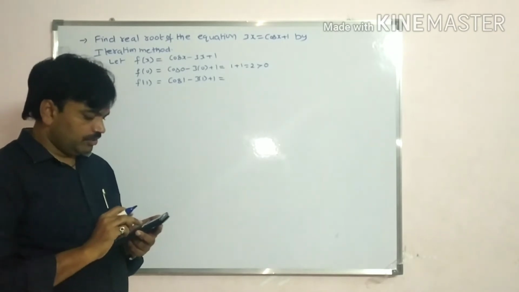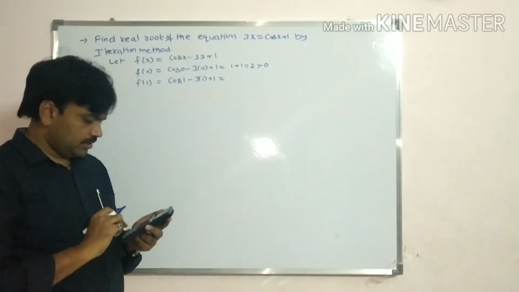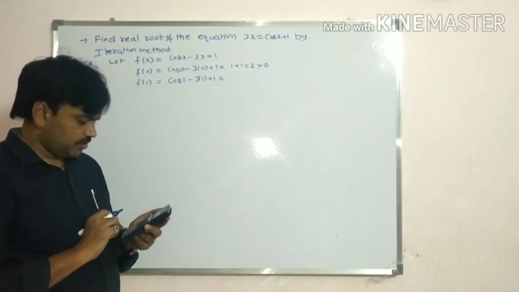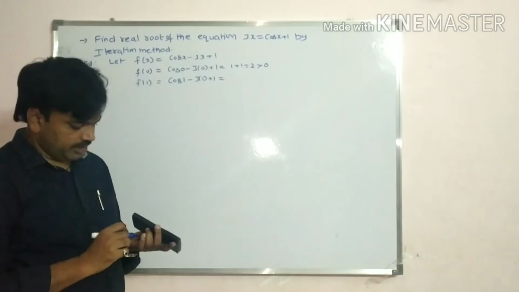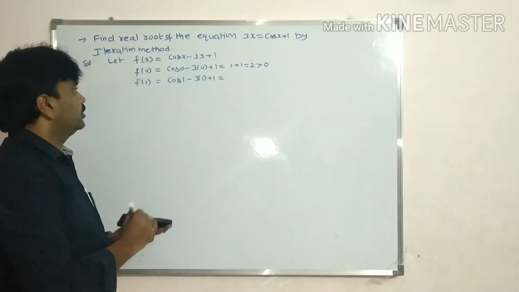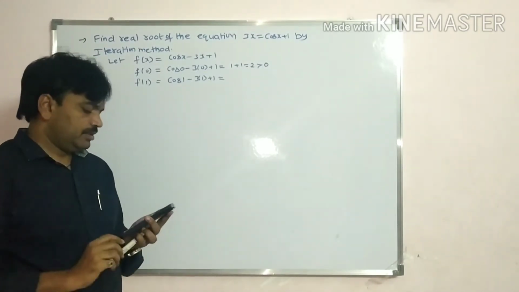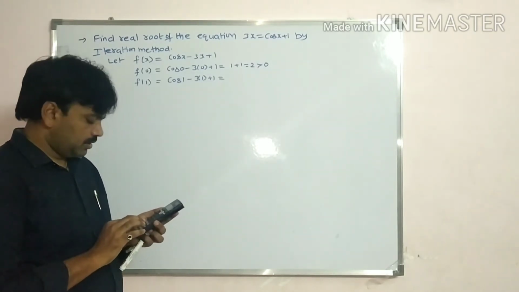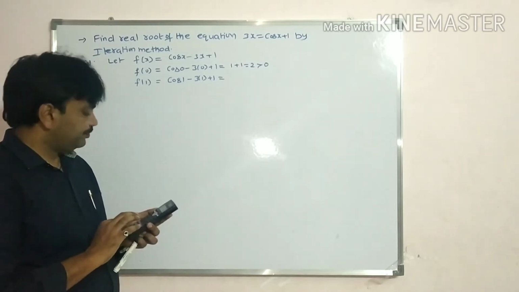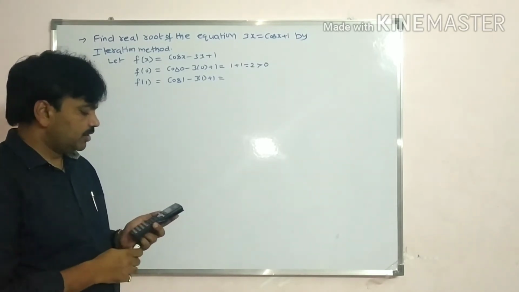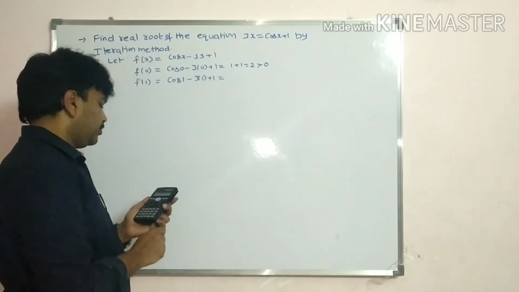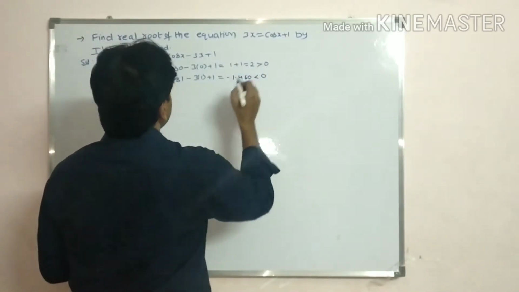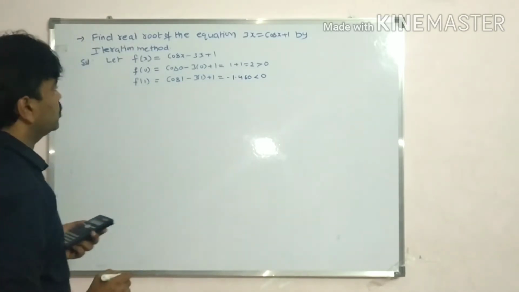Convert into radians and fix at 3 decimal places. These two are very important because we have trigonometric functions. So cos 1 minus 3 plus 1, we get minus 1.460, which is less than 0, students.